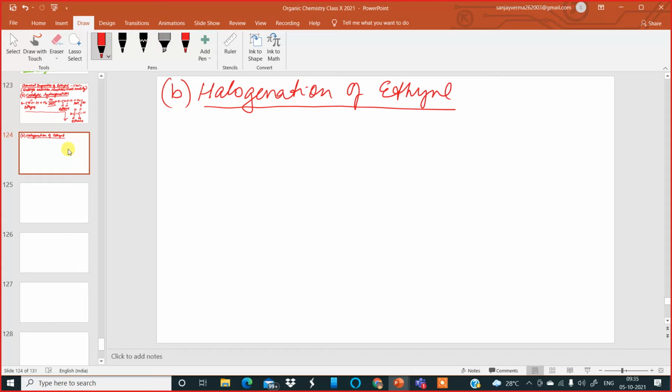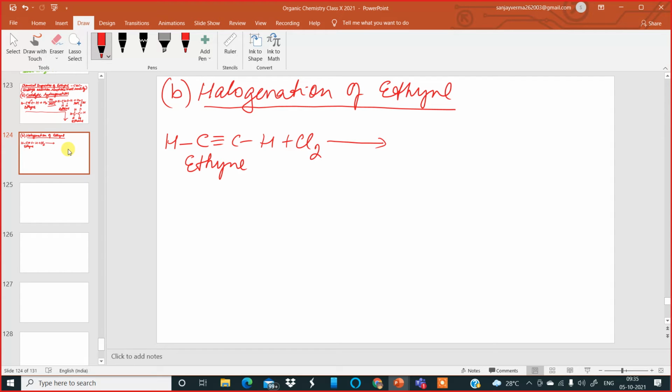The first example of halogenation of ethyne is the reaction of ethyne with chlorine. This is ethyne. I react this ethyne with chlorine, Cl2, in an inert solvent.